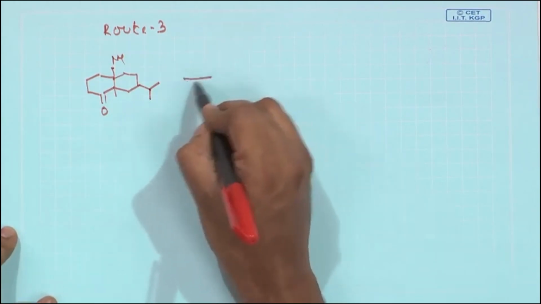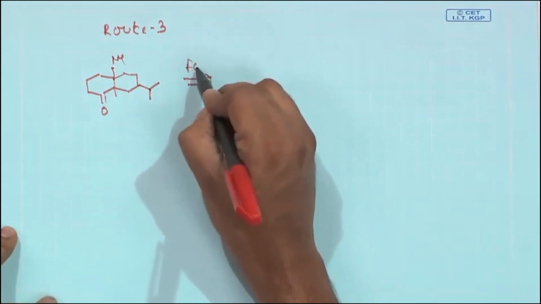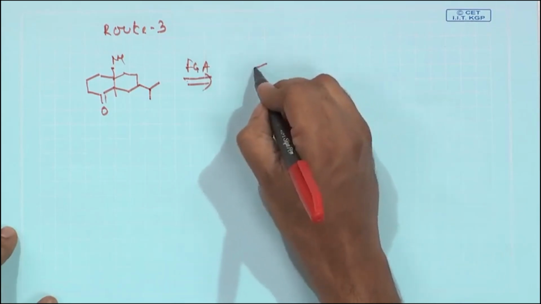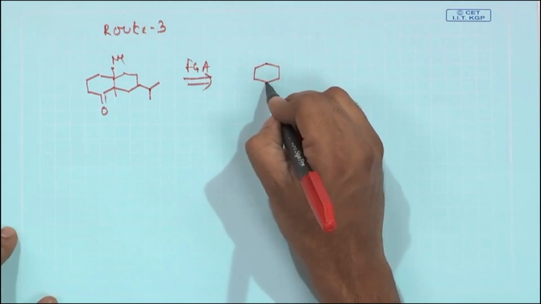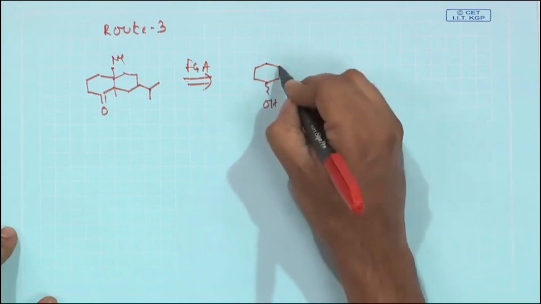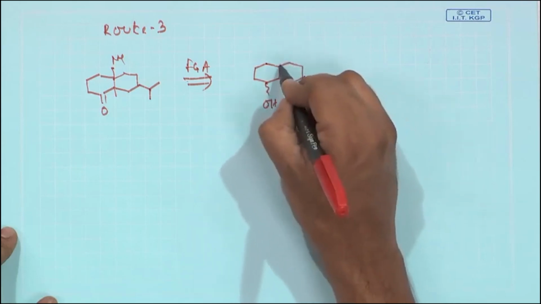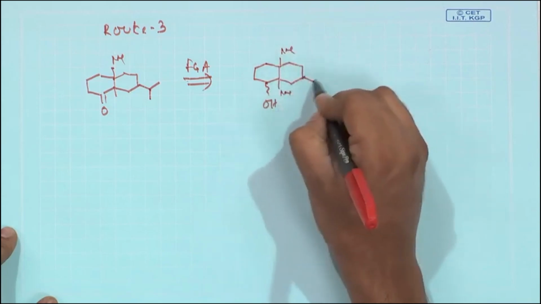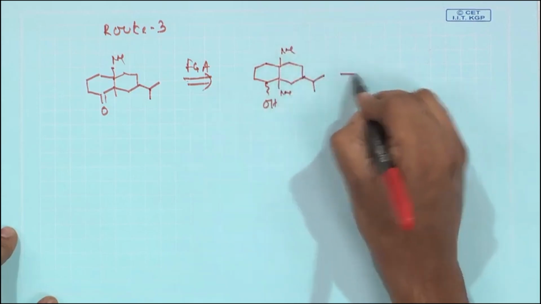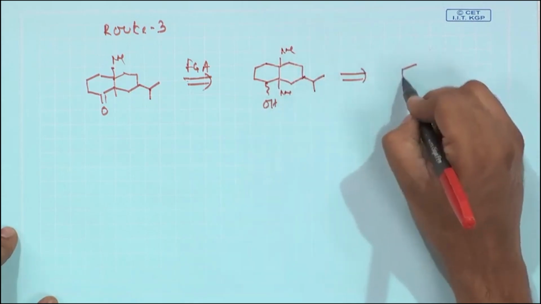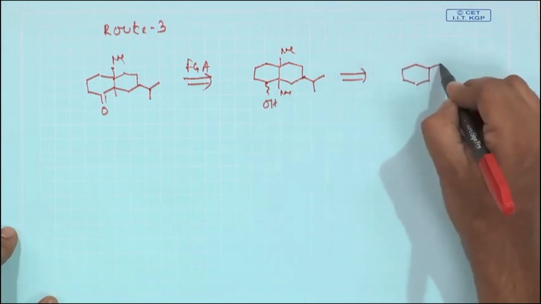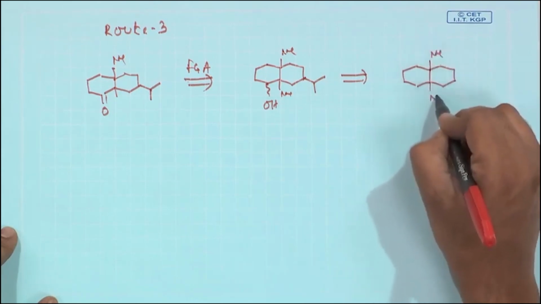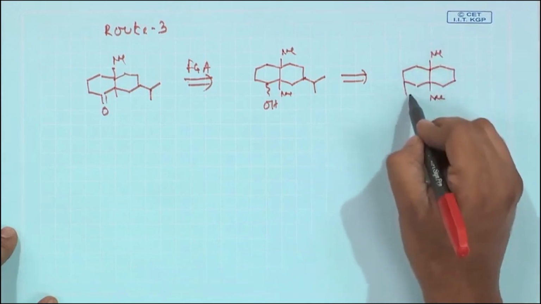The next route which I am now giving, the first step will be a functional group addition, and the functional group addition will basically put an OH here, the remaining groups remain the same. This OH you can basically create from, or access from, this epoxide.